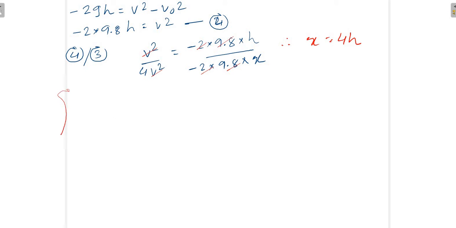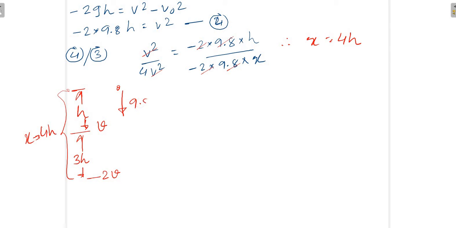So the total distance is x, which is 4 times h, and this much distance was h, at the end of which speed was v, and this is further distance, how much? Obviously 3h, at which the velocity is now 2v. Why? Because the object is falling freely with the 9.8 meter per second square acceleration, right?